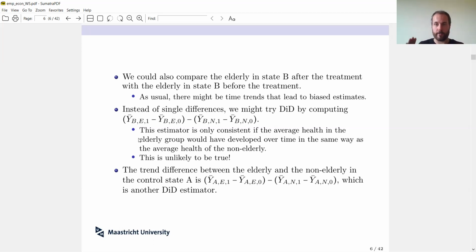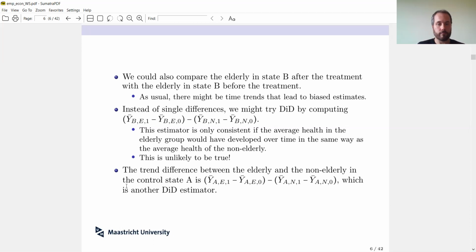So we need the common trends. In a world where the health policy change did not happen, these groups have to move in parallel. However, it's unlikely to be true. The health trends in the group of the elderly are very likely to be different over time than the health trend in the younger population, right?